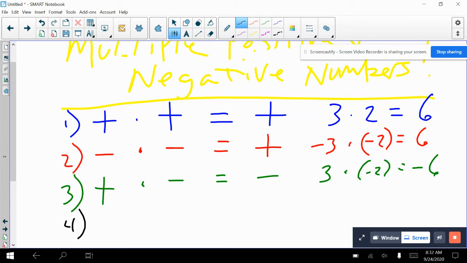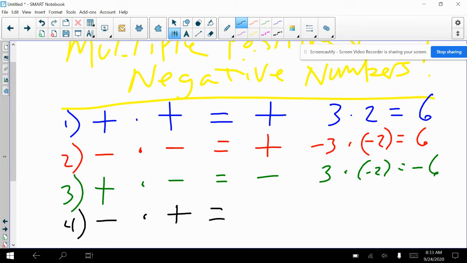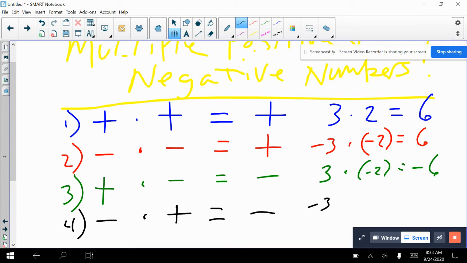And the last one, if we have a negative times a positive, what does that give us? Look at step 3. If a positive times a negative gives us a negative, what's a negative times a positive give us? A negative. So if we have negative 3 times a positive 2, that's going to yield us our negative 6.